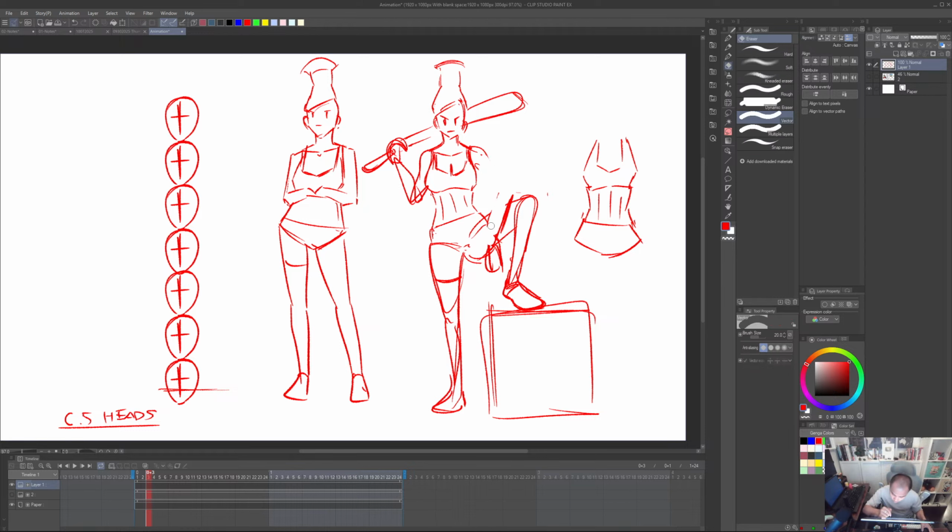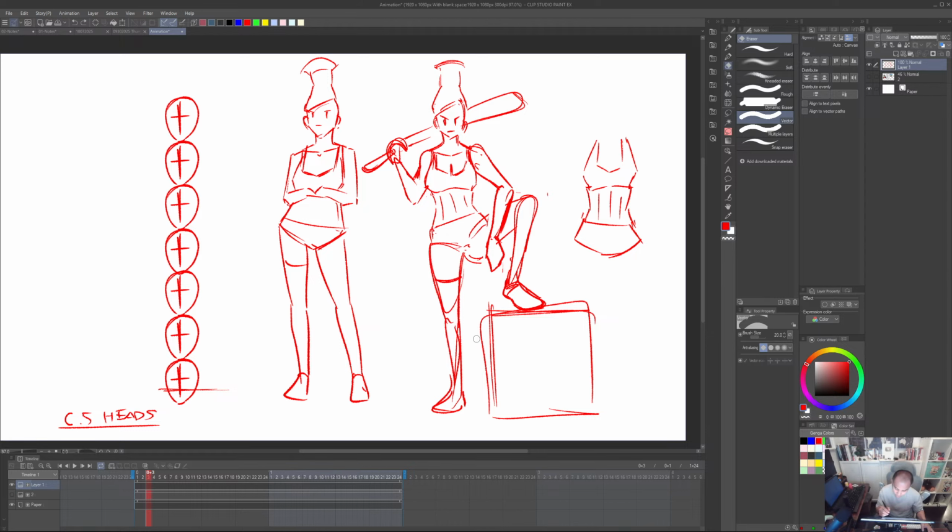I could clean this drawing up a little bit, but that is basically how I would draw a character like this. Once I establish where those lines are, I could just erase and draw it. That is how I draw a character without understanding anatomy.